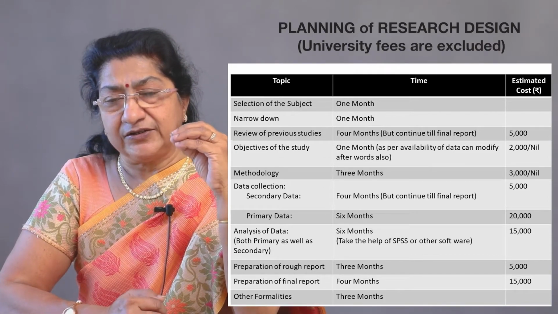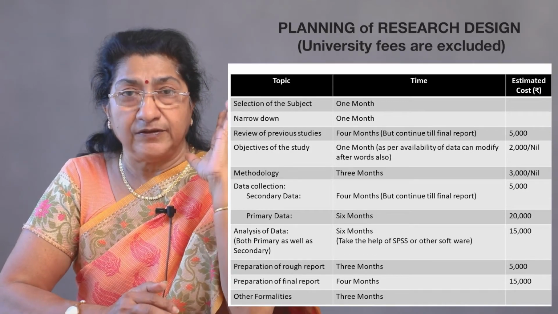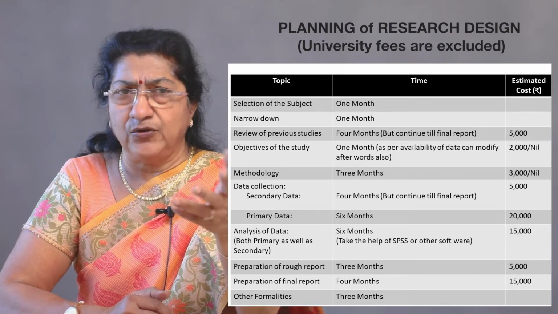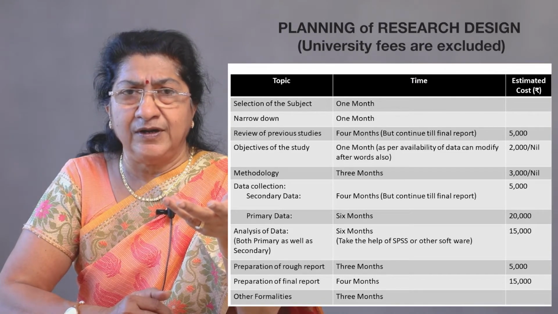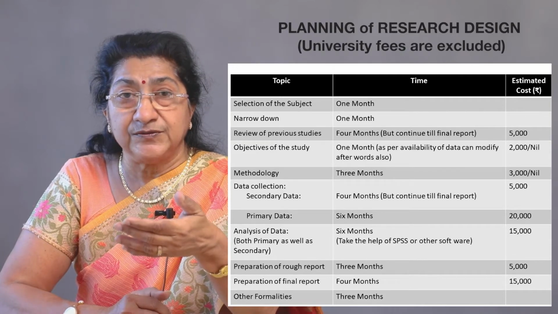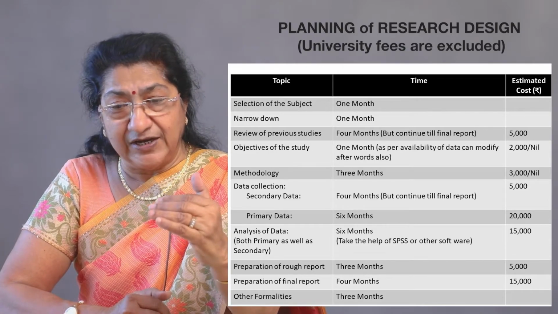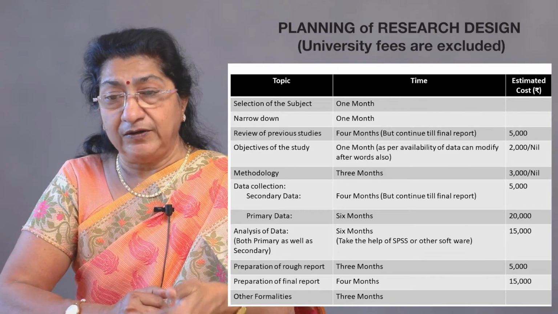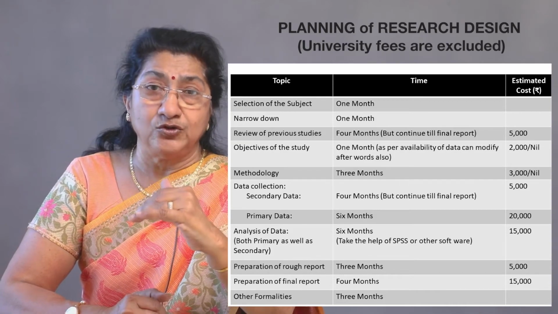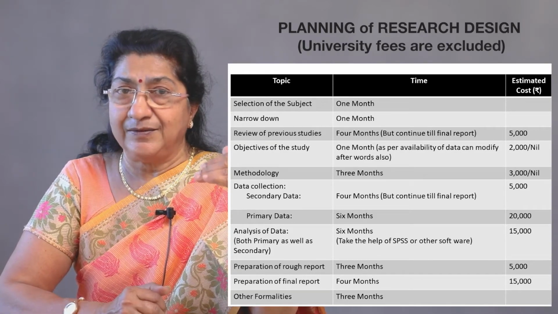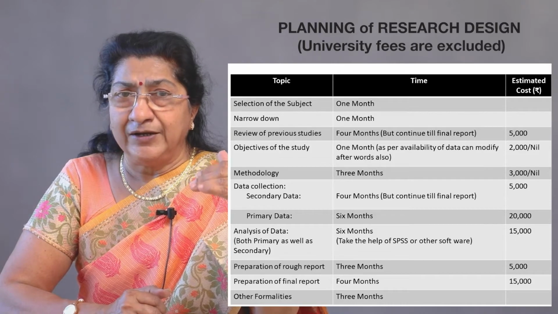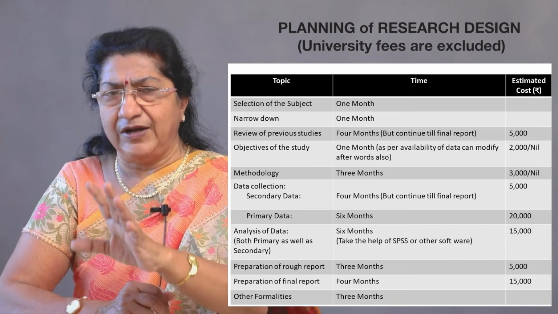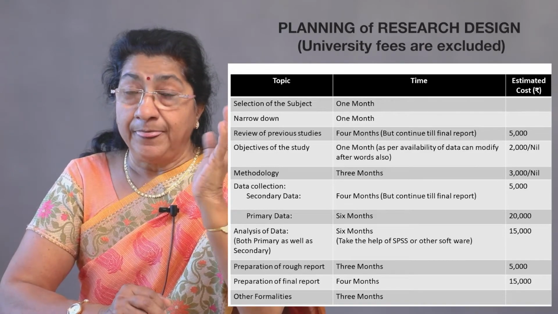Selection of the subject generally takes 1 month, but for that no cost. You have not to pay anything for that, because it is your choice. You selected the subject, then you want to narrow it down. For that, again 1 month you have to spend, because you have to analyze the data and consider only secondary data, and secondary data is easily available. So, no cost for that.